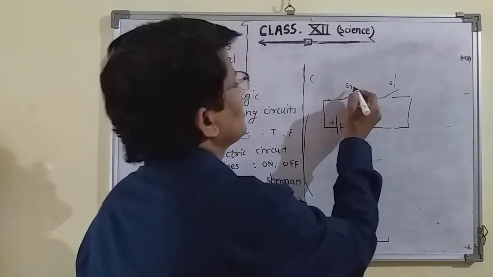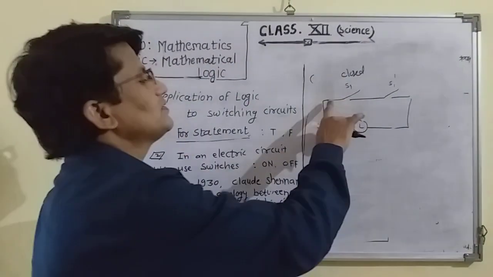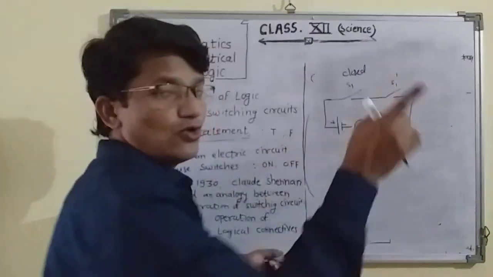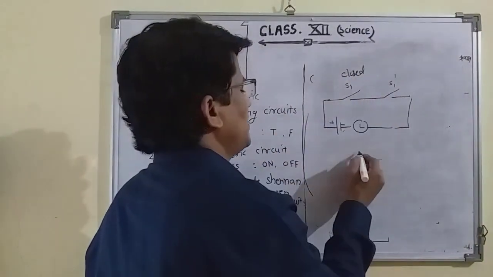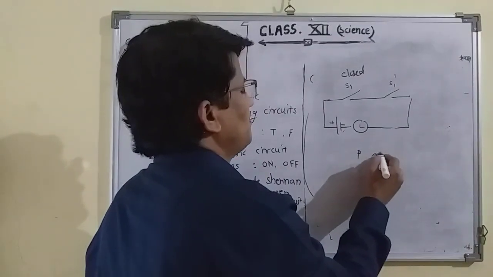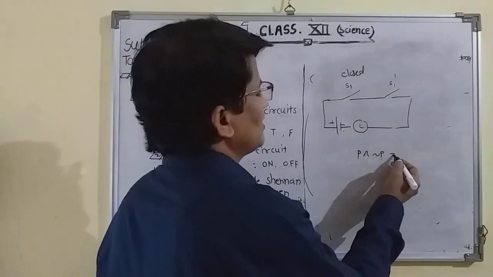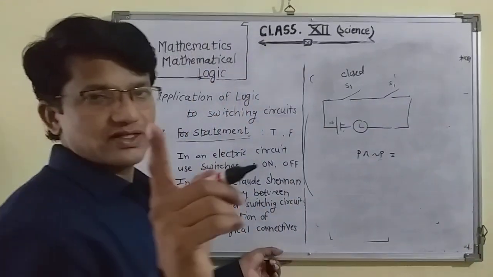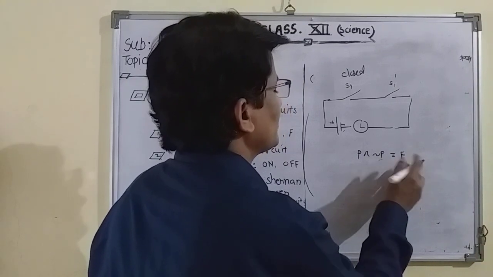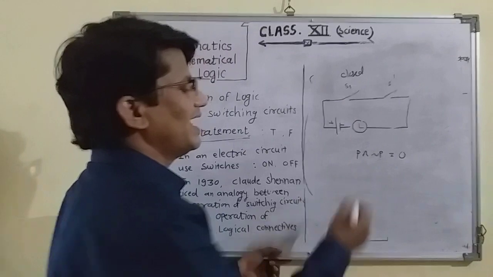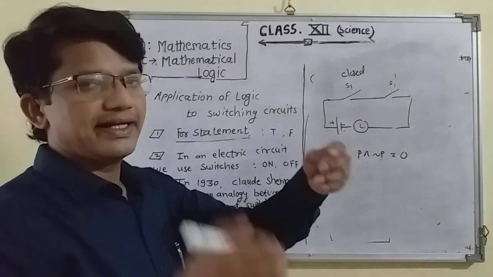This is closed. Closed means current passes from one point to the other point. But this is open. Current does not flow. This is called P. This is negation P. And in this condition, lamp does not glow. Means answer is F, or we can say 0. P and negation P, result is 0 because the switches are connected in series.